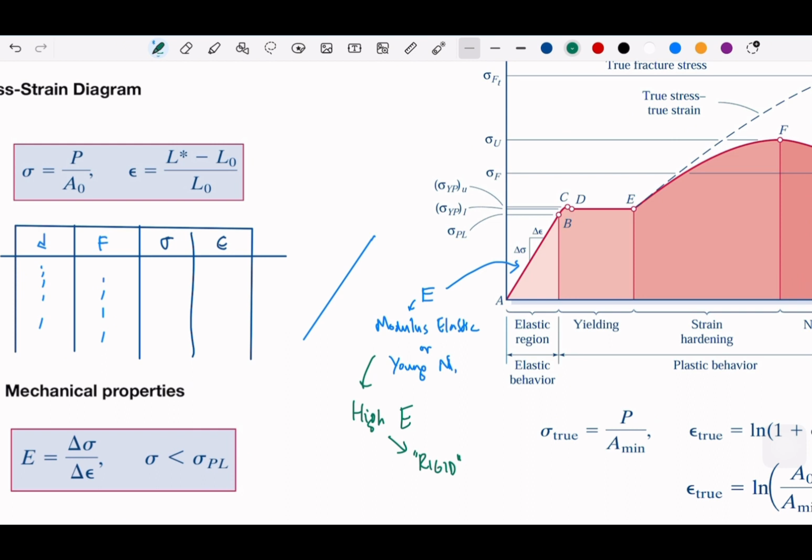Plastic, not in the polymer definition, but plastic in the sense that it can be shaped like clay, like a child's play. That's plastic behavior, and then we have strain hardening. What is strain hardening?